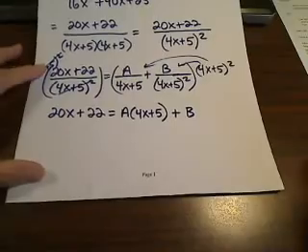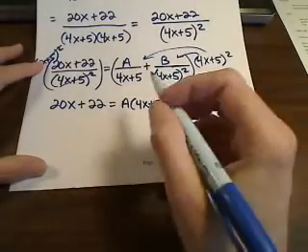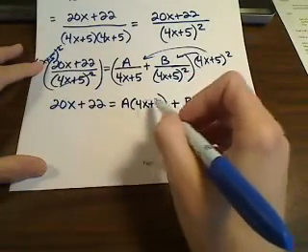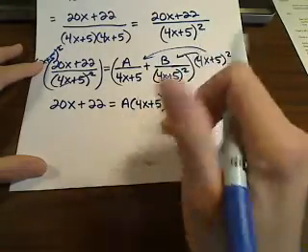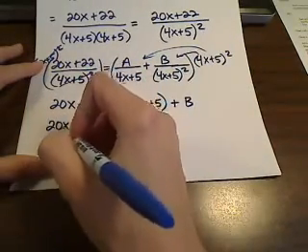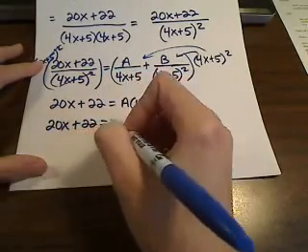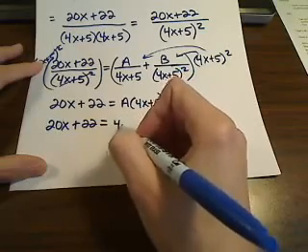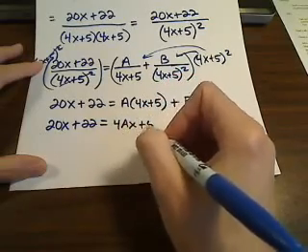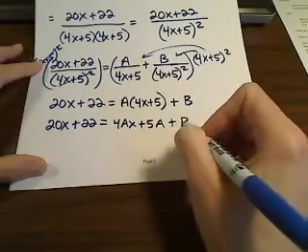Okay, so in this particular example, I think it's probably easier to solve from here if we distribute the a and then if we equate component pieces. So if I say 20x plus 22 here, if I distribute the a, I have 4ax plus 5a plus b.